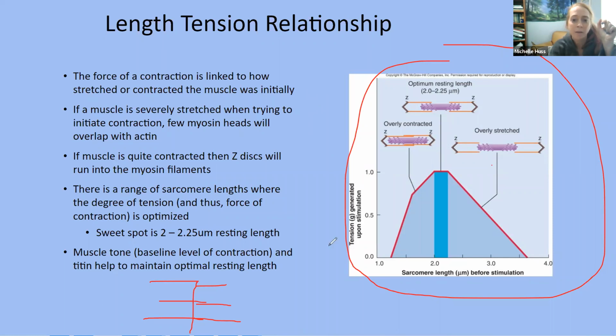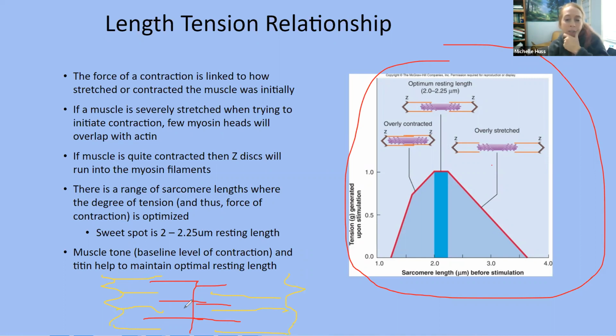This is the myosin, and here's the actin. When my muscles are relaxed, like in my arm, there's a decent amount of overlap. So this is a relaxed biceps muscle, okay?